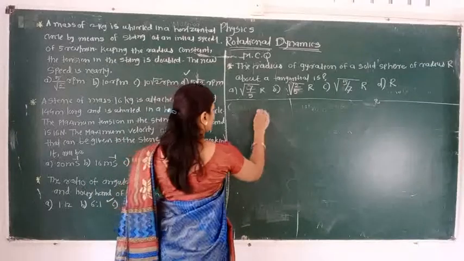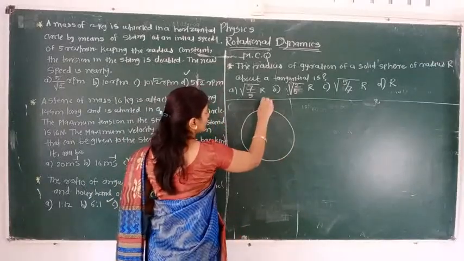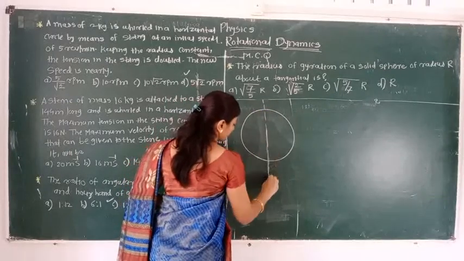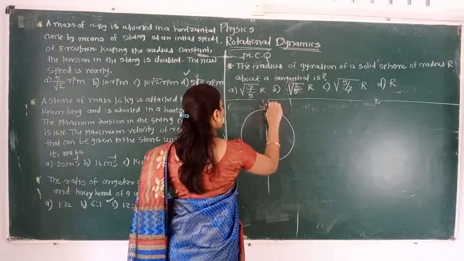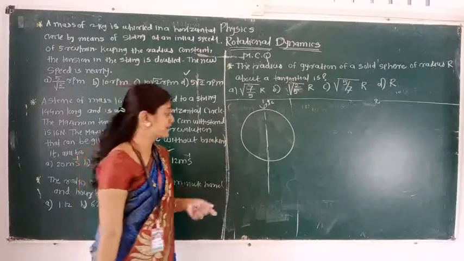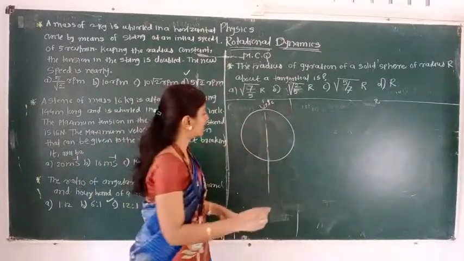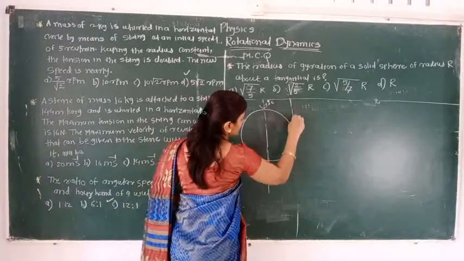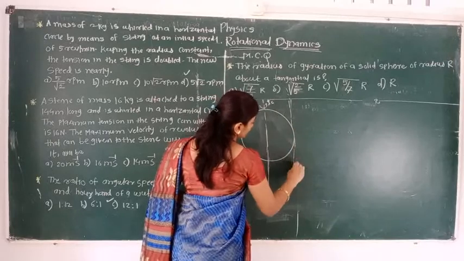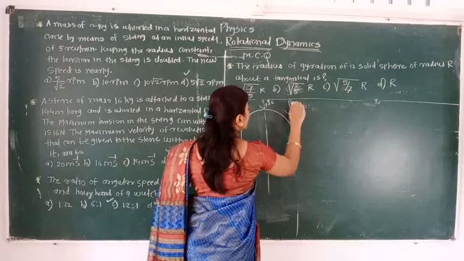We know if it is a solid sphere, the first axis passes through its center, so we can say IC is the moment of inertia of a solid sphere about the axis passing through its center. Here we have to find the radius of gyration about the tangential axis. So let me draw the tangential axis first.